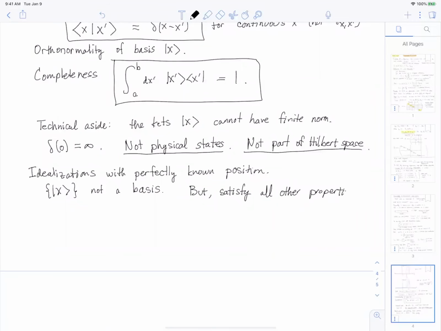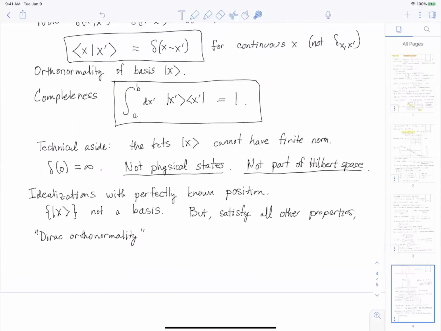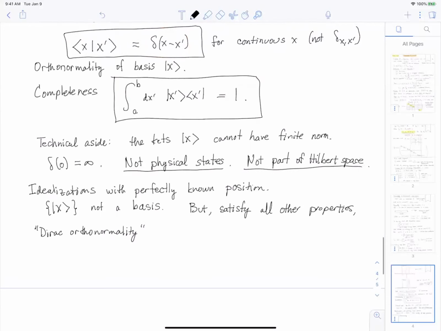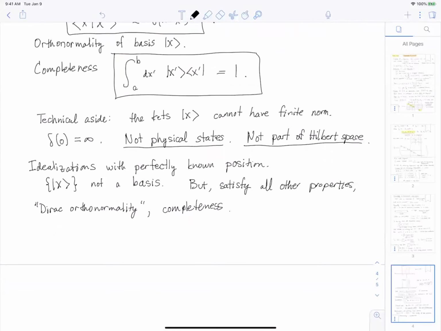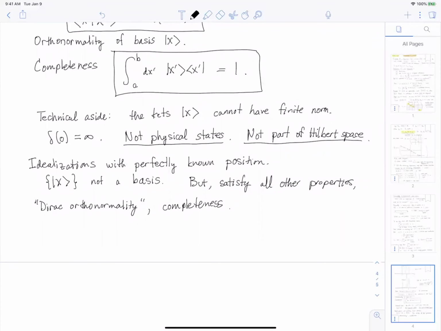They satisfy Dirac orthonormality, which is where you replace the Kronecker delta by the Dirac delta function here, and completeness. And so even though proper mathematicians would feel free to shake their heads sadly at the fact that we're cheating, this is so useful from a physical point of view that that's what we're going to do.